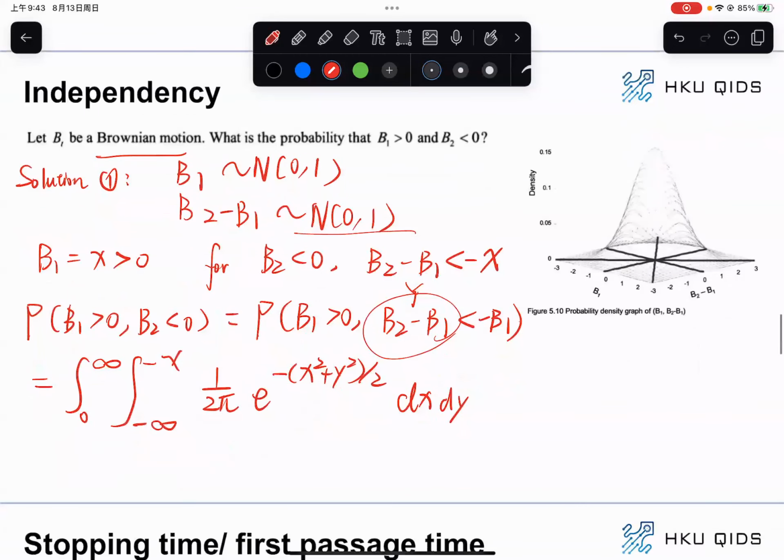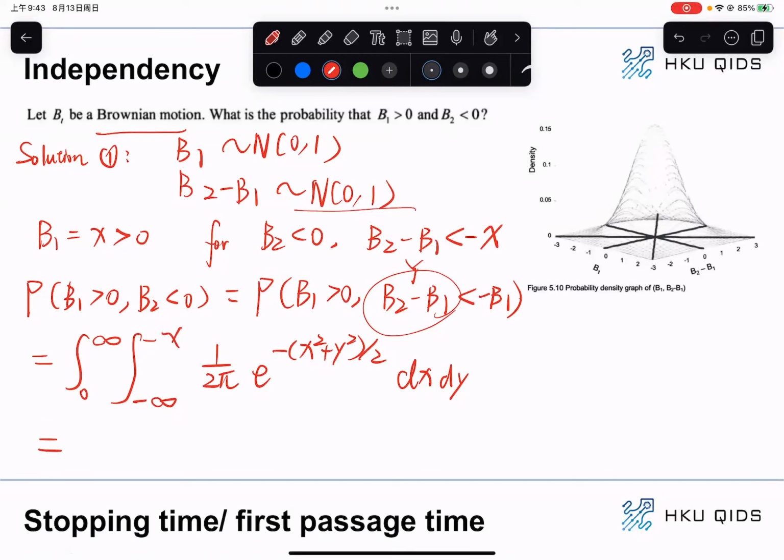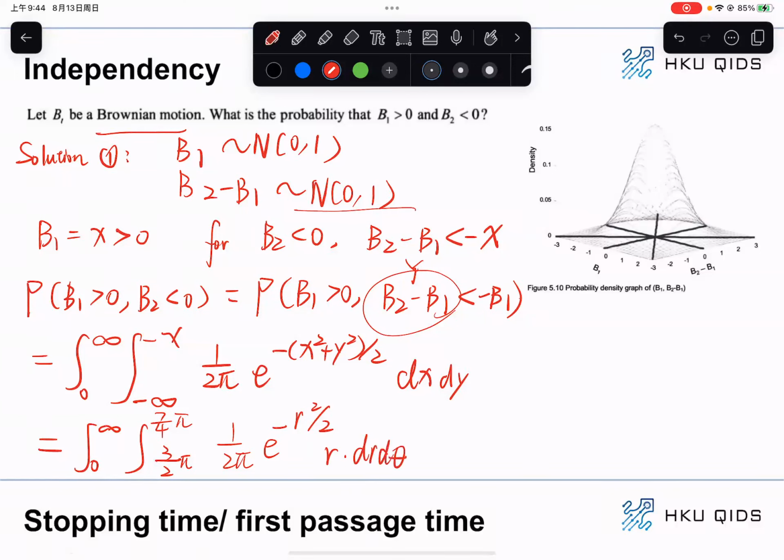And by using the polar integration, we can easily convert this into 0 to infinity, and this is just 5/4 pi to 7/4 pi, and this is 1 over 2 pi e to the negative r squared divided by 2, and this is r, and dr d theta, right?